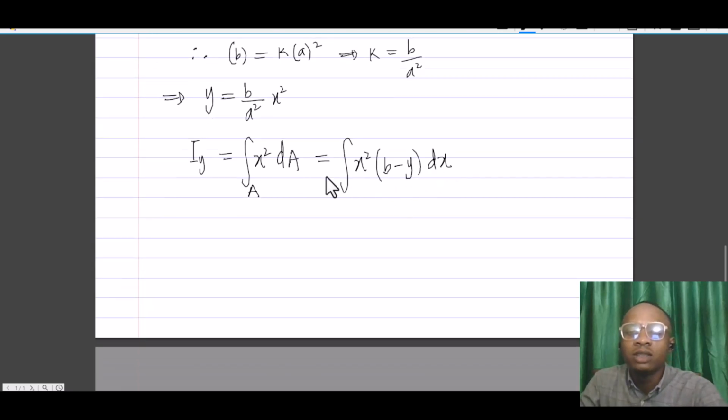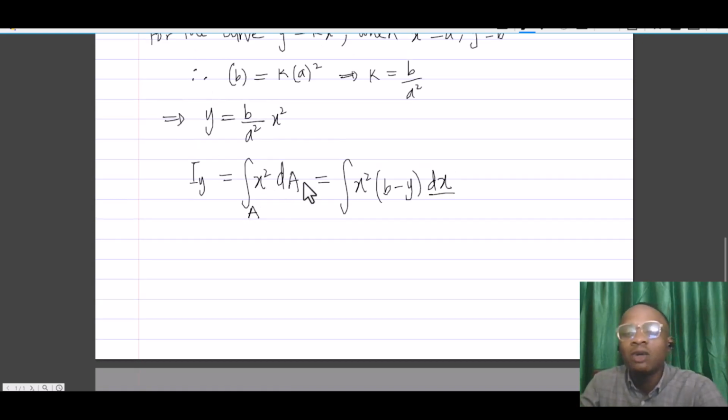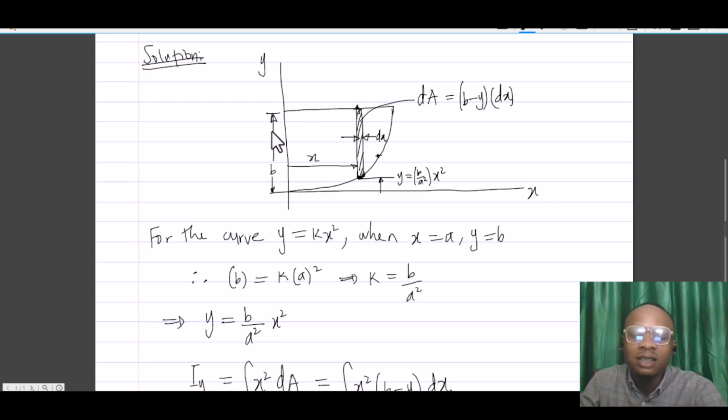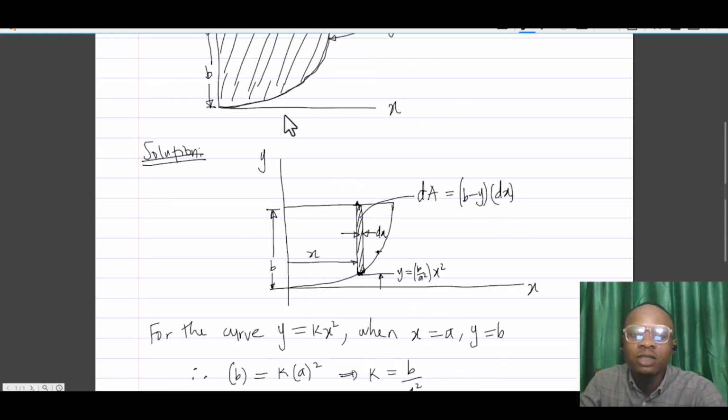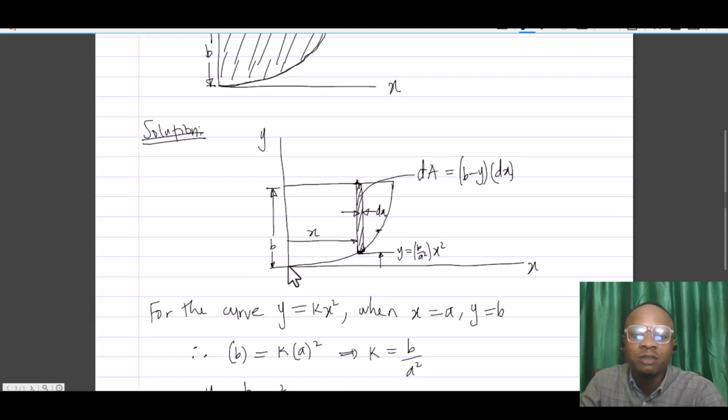So what else do we observe now? Because our dA on substitution gives us dx, this integral will be taken with respect to x. So if we are going to integrate over the entire area, we ask ourselves, how does the x coordinate vary over the entire area? At this extreme, the origin, the x coordinate is 0.